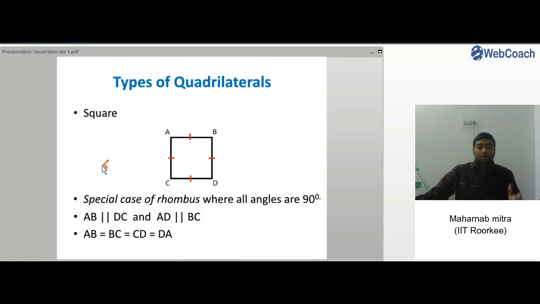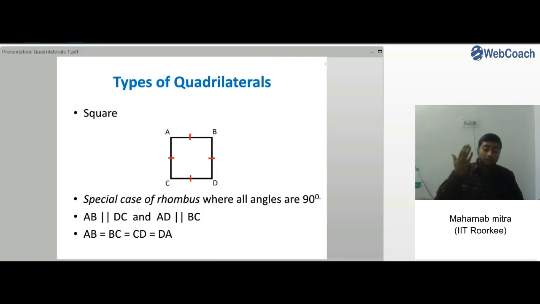So what is a square? Square is also a special case of rhombus, or you can say a special case of a parallelogram. Why is it told as a special case of a rhombus? Because it has all the characteristics of a rhombus, where the opposite sides are parallel to each other, and also all the sides are equal to each other.